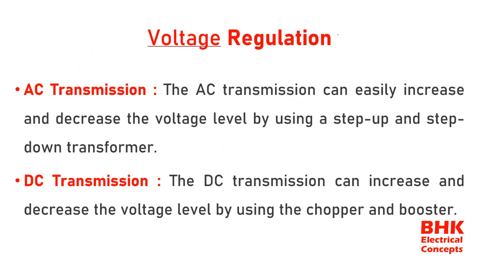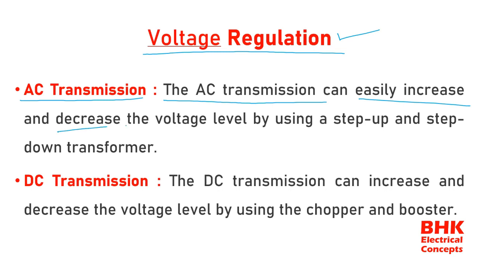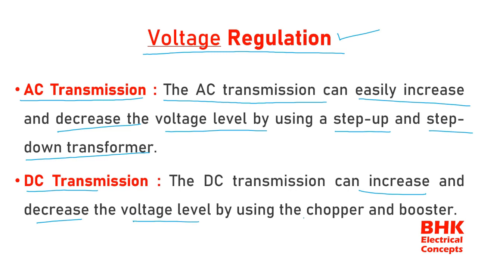And another thing is voltage regulation. In the AC transmission system, we can easily increase and decrease the voltage level by using step up and step down transformers. In the DC transmission system, the voltage level can be increased and decreased with the help of what?